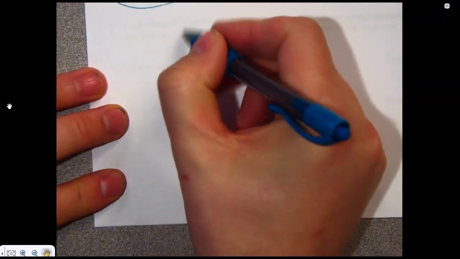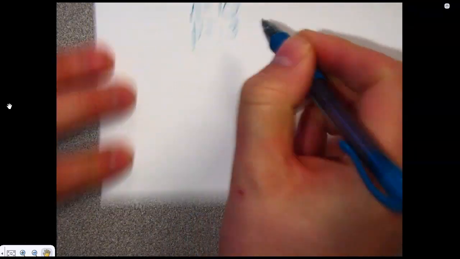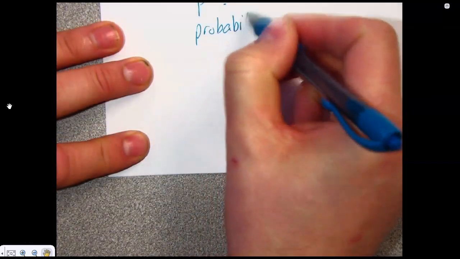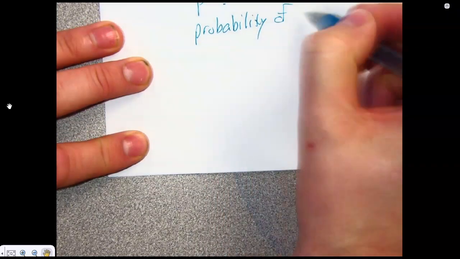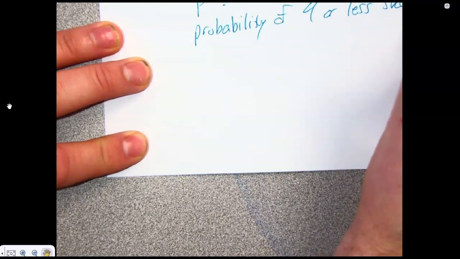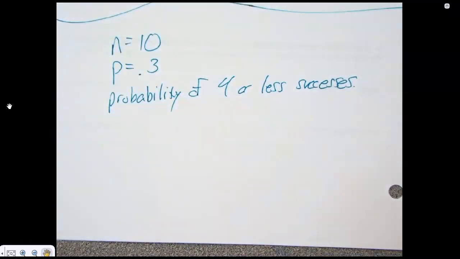If I asked you for, let's say, n equals 10, p equals 0.3, and I want the probability of 4 or less successes, you really have two options for doing this problem.